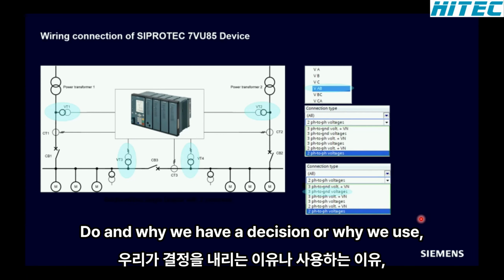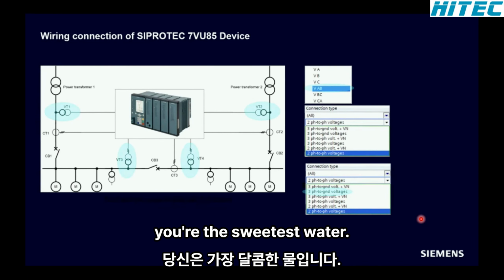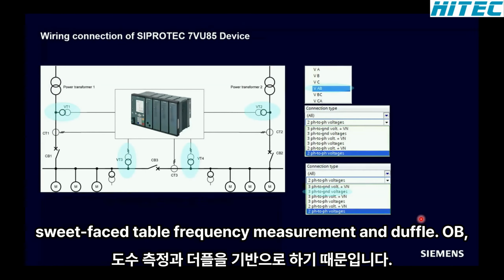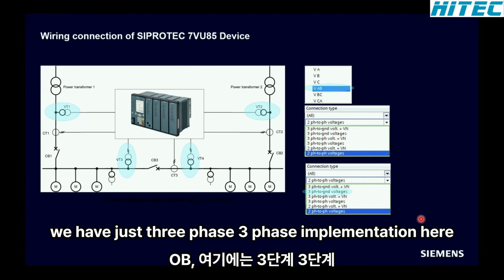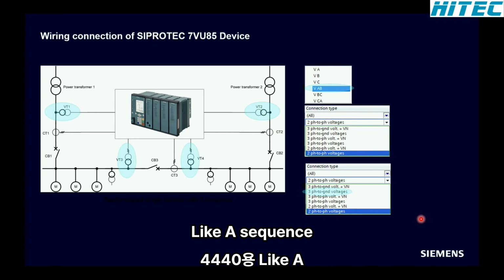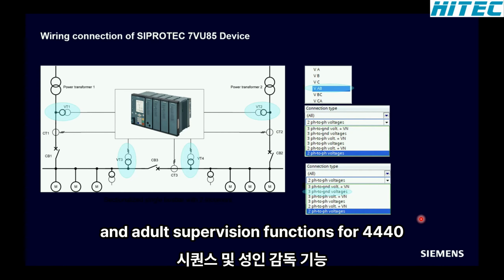And why do we use the three-phase voltage at first? Because the algorithm for the fast switching is based on a three-phase stable frequency measurement, and therefore we have this three-phase implementation here, and also some additional supervision functions like phase sequence and others, for avoiding any mistakes.